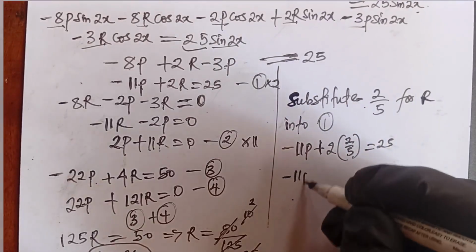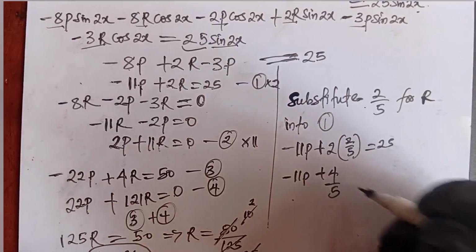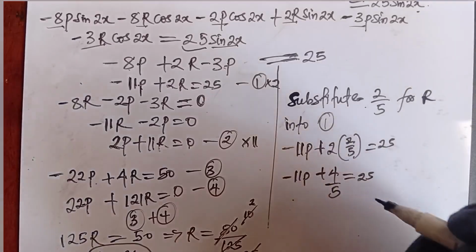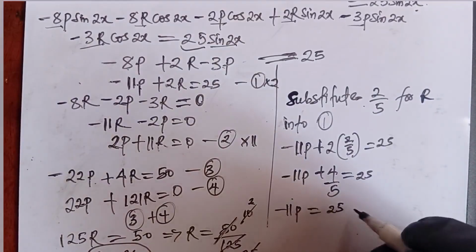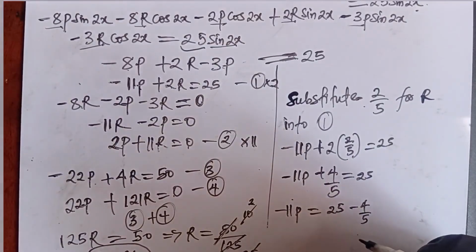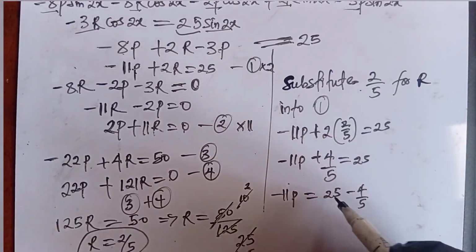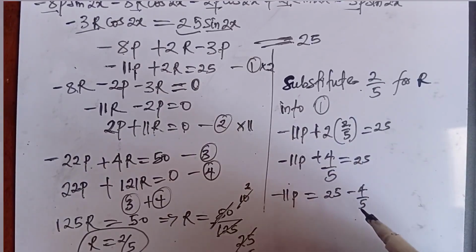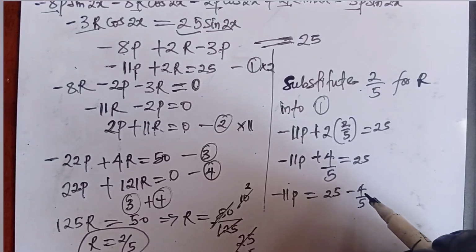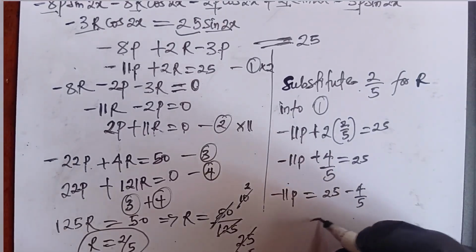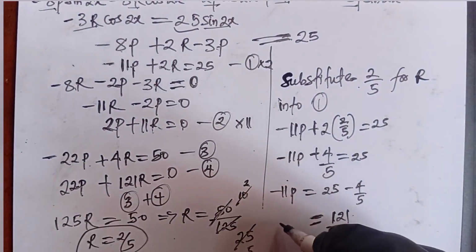So you have minus 11p plus 2 times 2 is 4, 4 over 5, equals 25. So we have minus 11p equals 25 minus 4 over 5. You get it? Okay, look at the maths. 5 times 25 is 125. 125 minus 4 is 121. So this right hand side is 121 over 5.